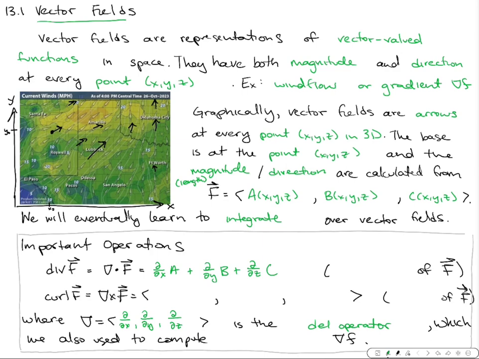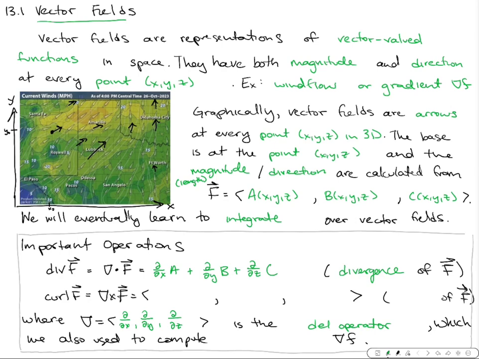For that dot product, I calculated it the same way we learned at the start of class: I took the first component, multiplied them, then added second component times second component, and then third component times third component. You can denote that as div f or del dot f, and in words, this is the divergence of the vector field f.